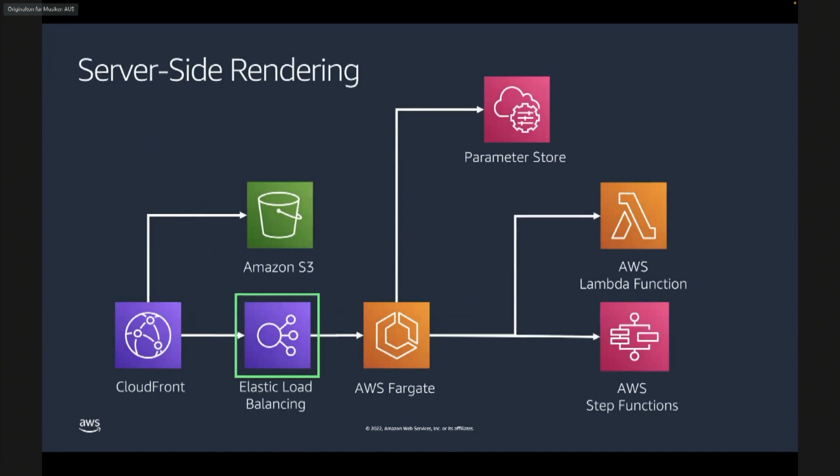The second origin in this case is an elastic load balancer, which is fronting a Fargate cluster. The Fargate cluster is basically a way for us to simplify and operationalize your containers. In this case, I have a Docker container that I define and write.